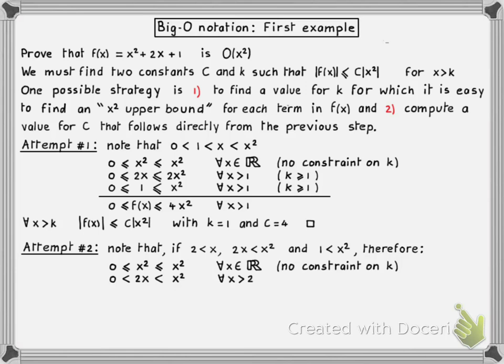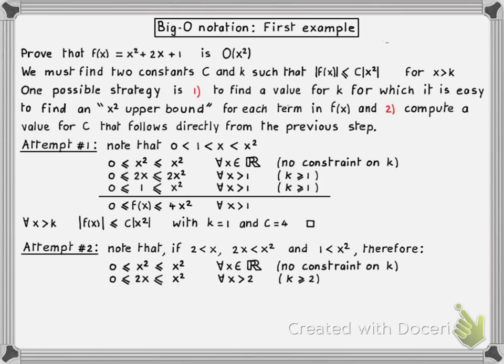So the constraint we have on x to be large enough is that k must be at least equal to 2. If that's the case though, we have this strict inequality, which of course implies the same one with the equal signs as we argued before. And now we have an x squared upper bound on 2 times x.